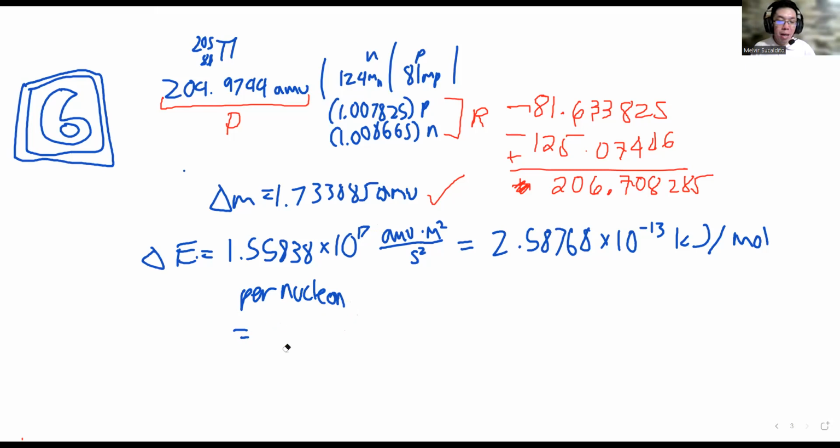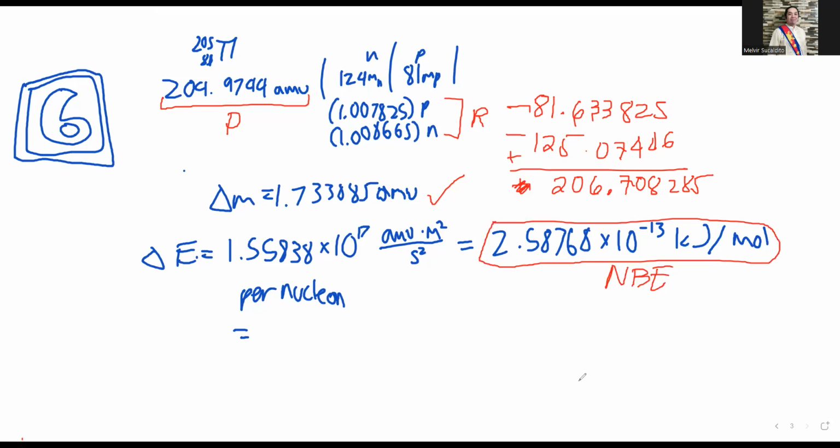Then your energy per nucleon is, ganito, NBE lagay mo, per nucleon na ha. So by the way, the conversion of amu to kilogram, 1 kg is 6.022 times 10 to the 26 amu, no?